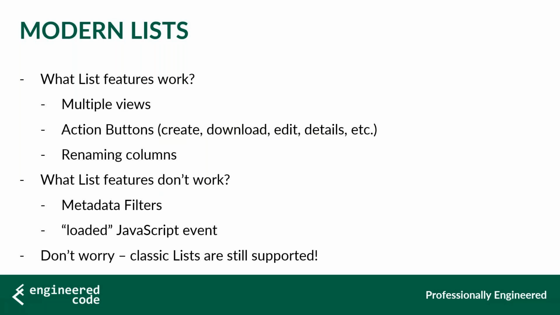Release waves occur between April. Release wave 1 is April to September, and then release wave 2 is October through March. In advance of that, we often see the release notes released well in advance.